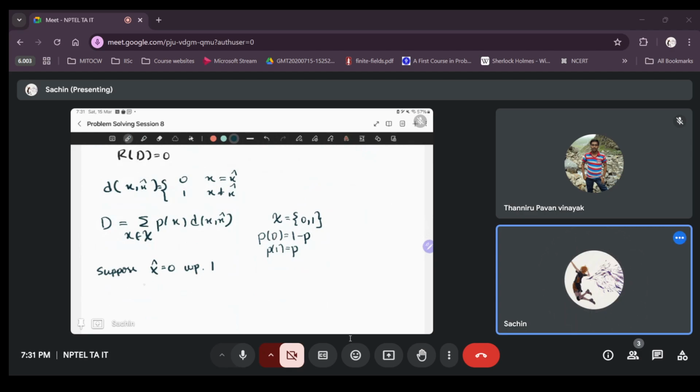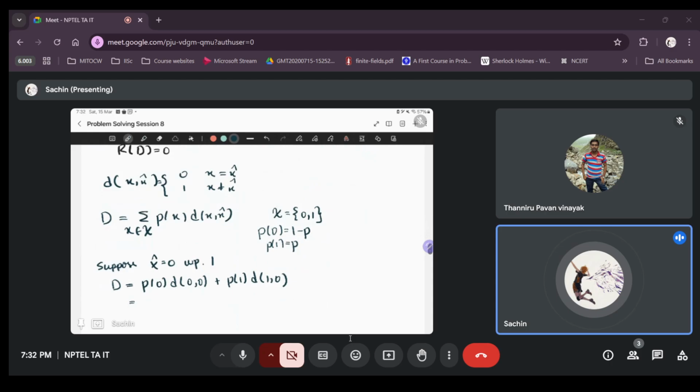Then this summation D is probability of 0 times d of 0 comma 0, plus probability of 1 times d of 1 comma 0, because x hat is always 0.